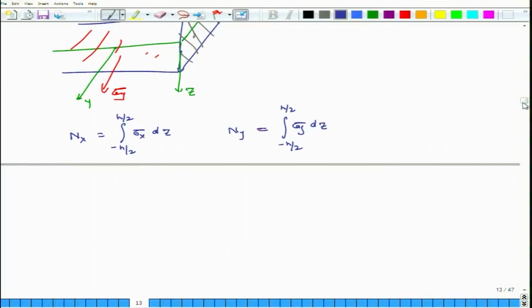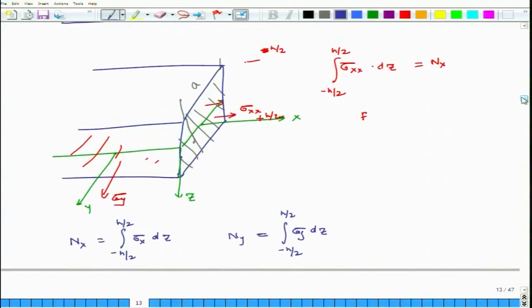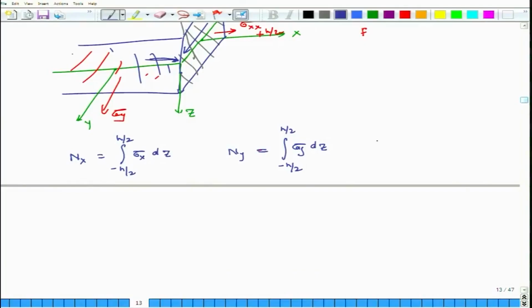And the last force resultant is called Nxy, and it is basically the integral of shear. So, this is sigma xy. If I integrate sigma xy on this entire surface, then I get the force resultant Nxy. So, Nxy is equal to the integral from minus h over 2 to h over 2 of tau xy dz.